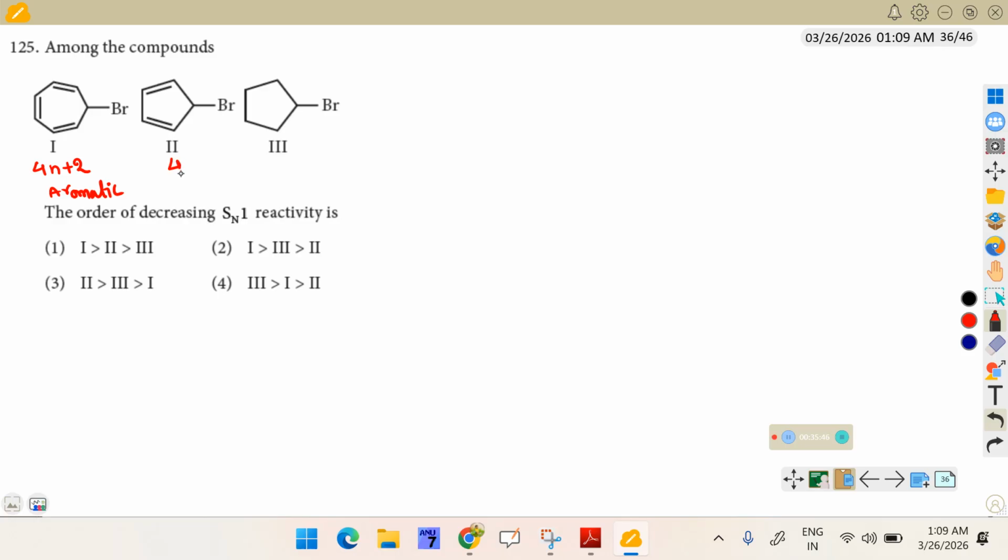This compound follows the 4n pi electron rule, so it is anti-aromatic. This one is an aliphatic bromide. For SN1 reactivity, the reaction intermediate is a carbocation. Which is more stable?